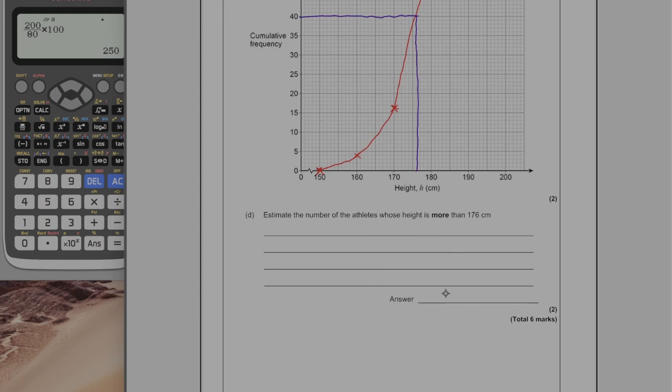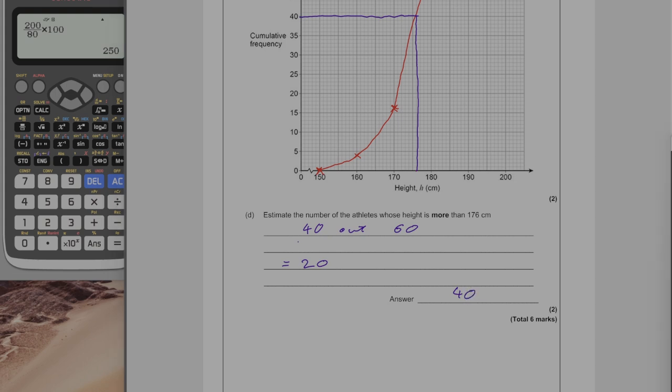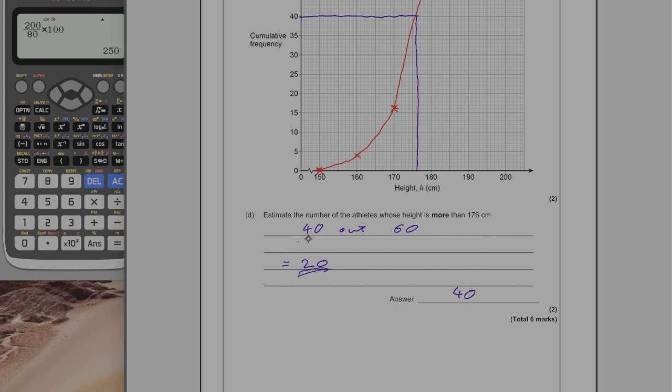So 40 out of 60. So that would be 20 people that have a height more than 176. And I've written 20 there, but on my answer line I've written the 40. So I need to change that. There we go, that should be fine now.